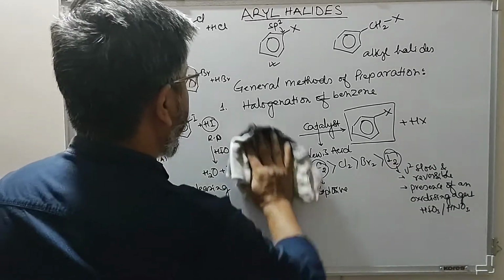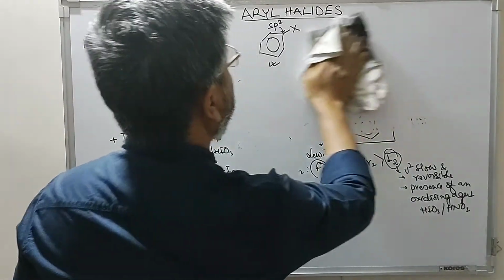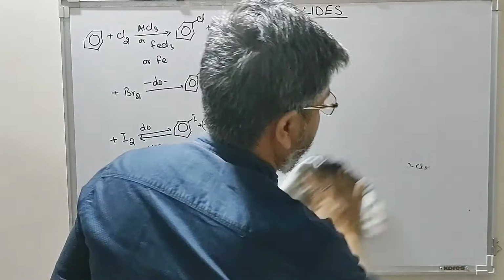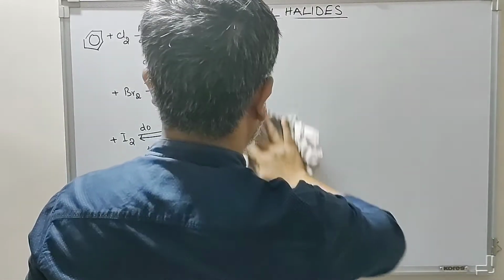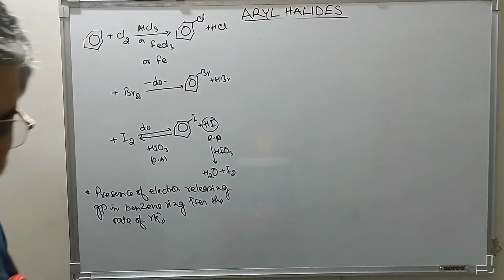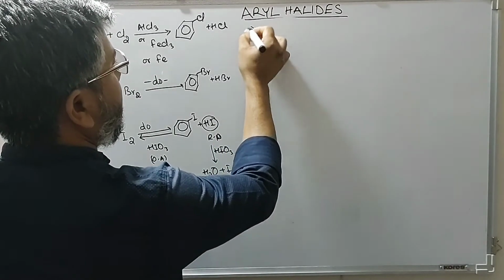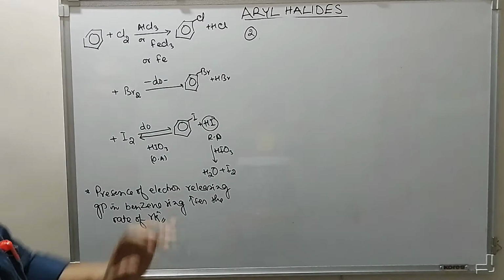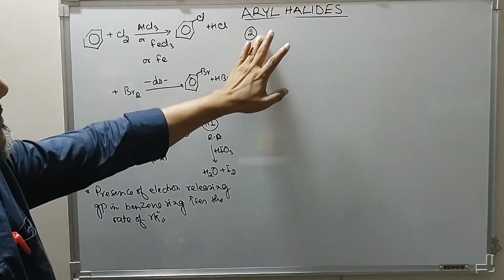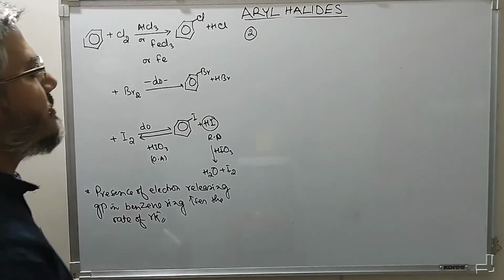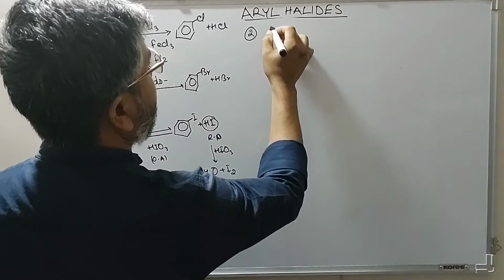Then the second method of preparation is from benzene diazonium salt.